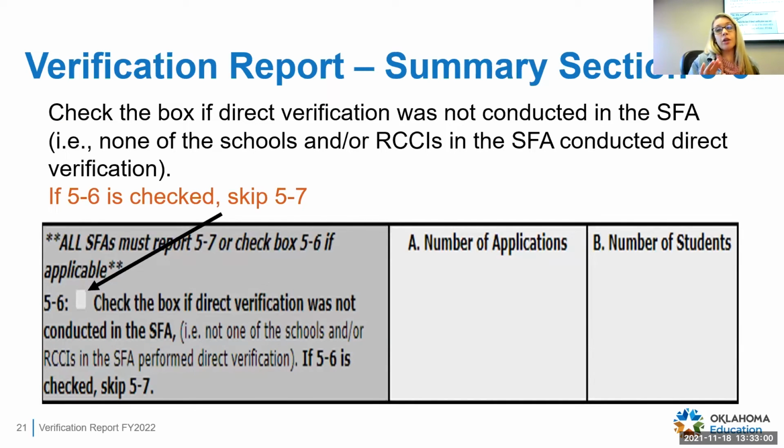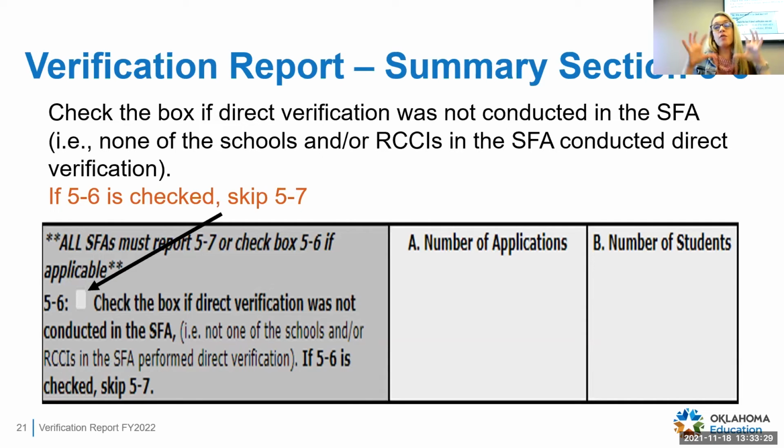Okay, so this one I'm going to harp on just a little bit. This box right here in 5-6 is if you did direct verification. Direct verification is not direct certification. Direct verification is when you have an application that has a SNAP or TANF number on it, and you go directly to DHS or the state agency to find out if they are still receiving those benefits.